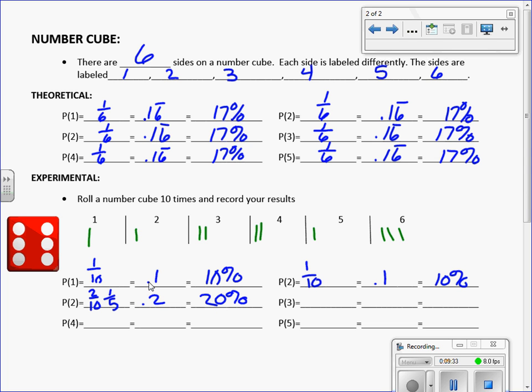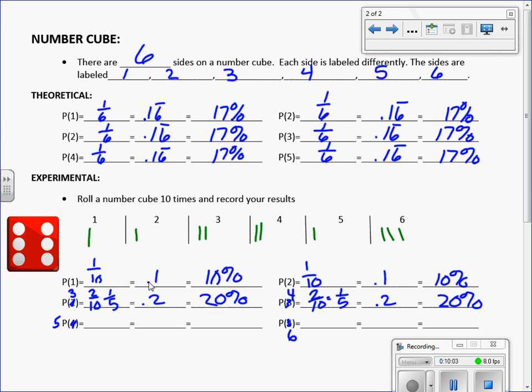All right, here are my numbers that are wrong. 1, 2, this should be a 3. This should be a 4. This should be a 5. This should be a 6. All right, now I'm seeing why I'm making mistakes here. Okay, probability of 4 is 2 out of 10, which equals 1/5, which is 0.2, 20%.